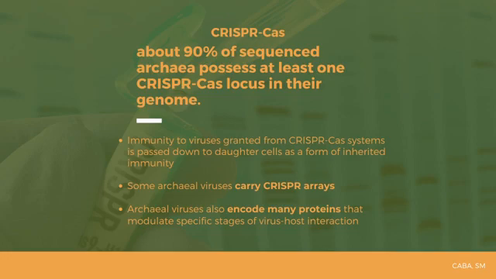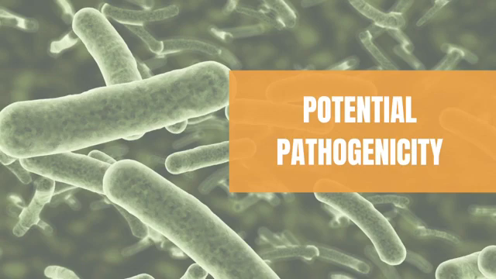Some archaeal viruses carry CRISPR arrays, which likely prevent co-infection of the same cell by other viruses. Archaeal viruses also encode many proteins that modulate specific stages of virus-host interaction, including proteins that inactivate host defense mechanisms like CRISPR-Cas. Now we are on our last topic, which is the potential pathogenicity of archaeal viruses.